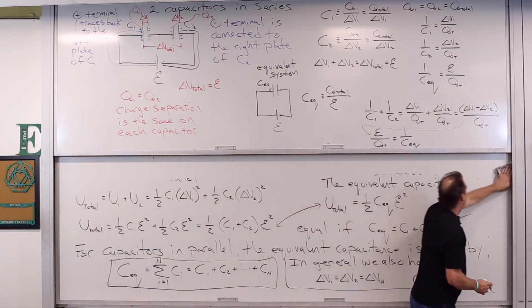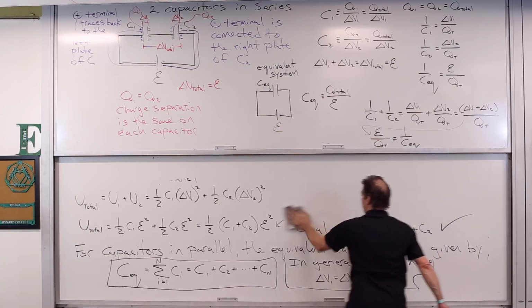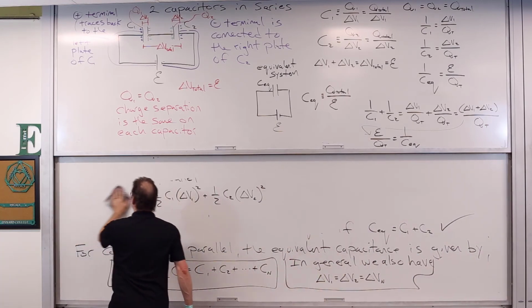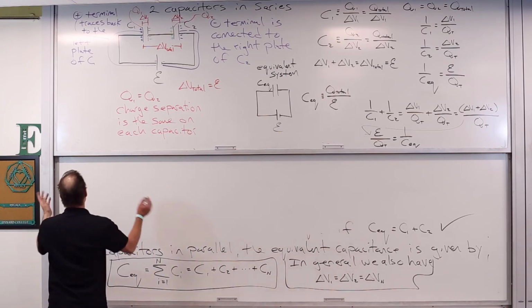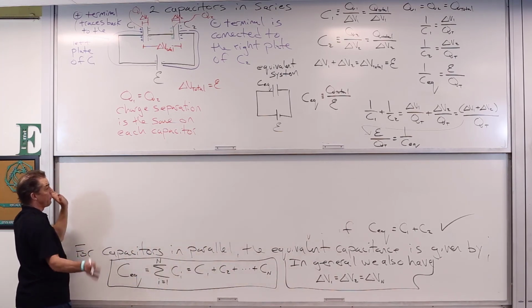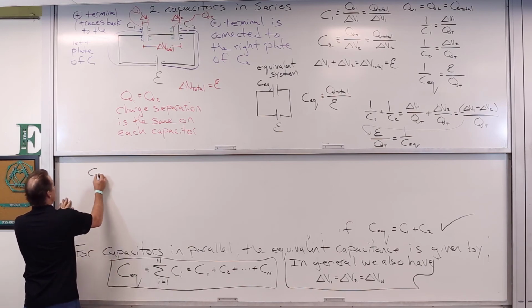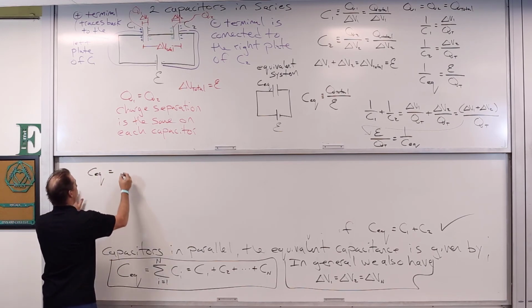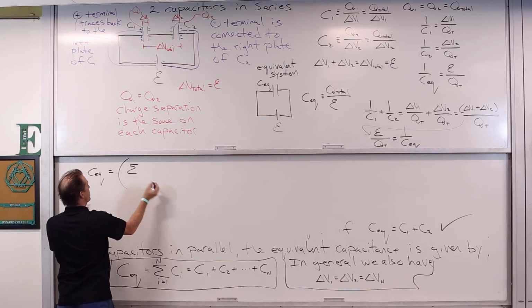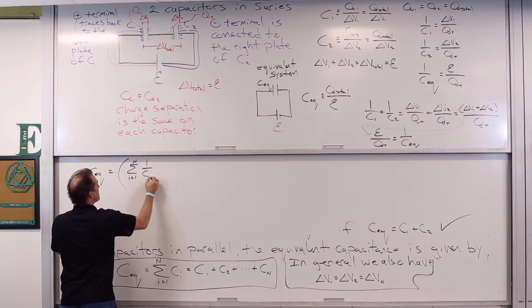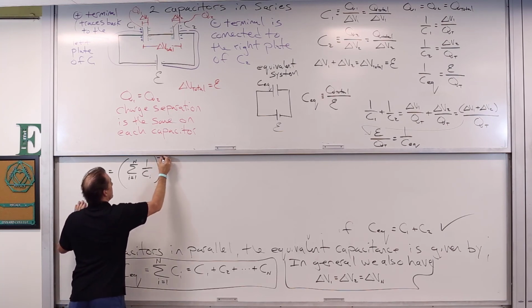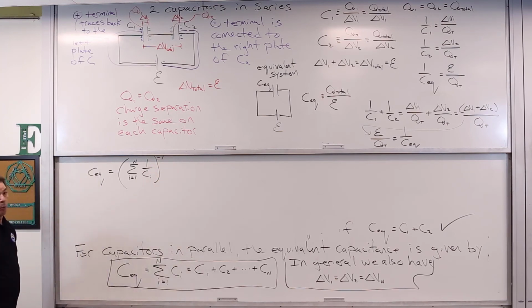So let us write that out, generalize it to N capacitors, and ultimately solve this for CEQ. CEQ is equal to the quantity of the sum from i equals 1 to N of 1 over C sub i, to the negative 1.